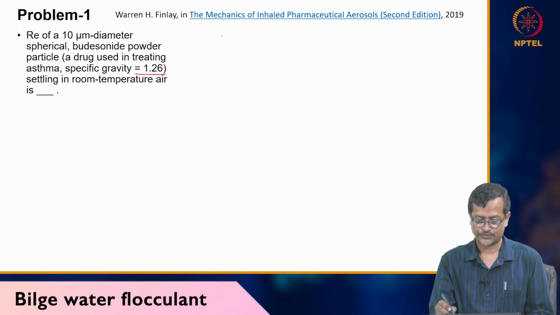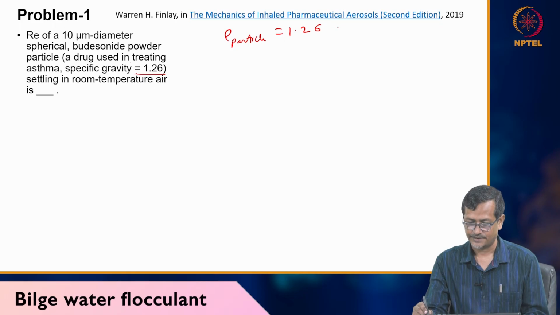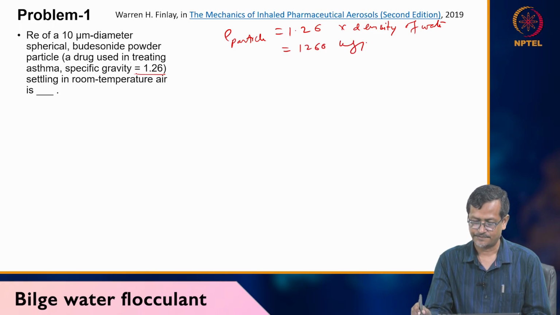To solve this one, rho particle is given as 1.26 into density of water, equals 1260 kg per meter cube.